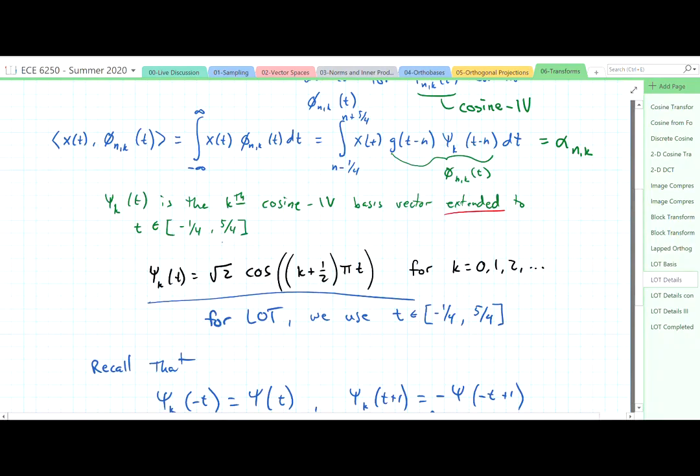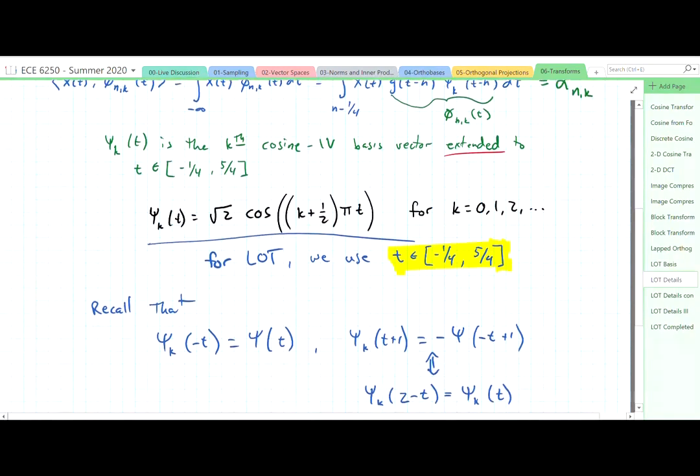That essentially is done by multiplying the function by this window, and since the window is 0 outside that interval, the result is only defined on that interval. So with our psi k of t, we're looking at an extended range.